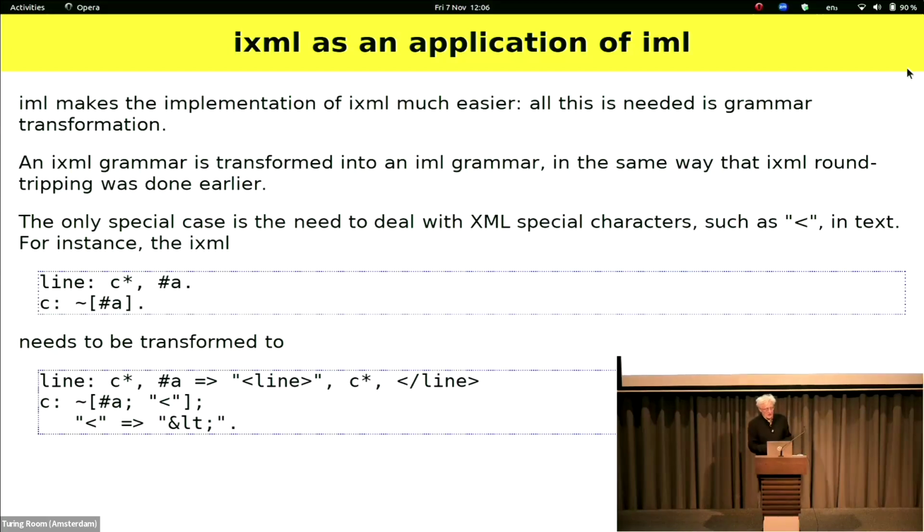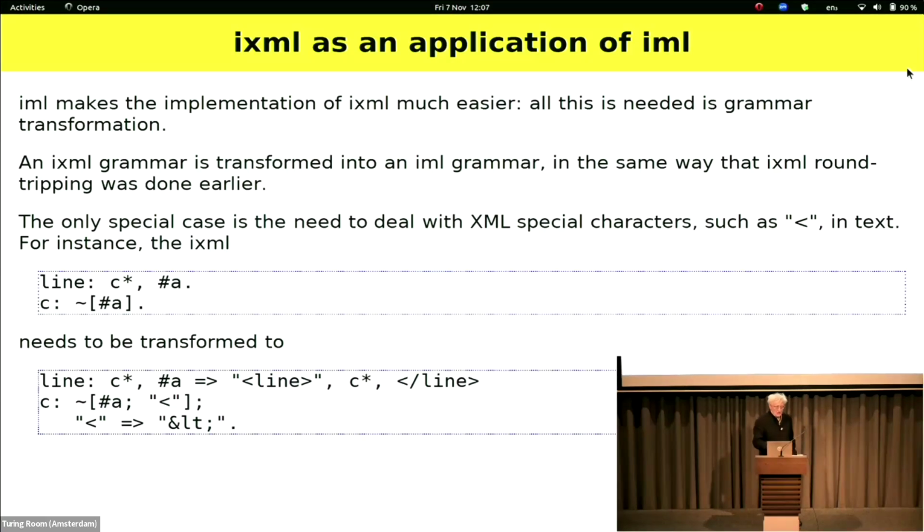So, for instance, if you've got a grammar that said a line is just some number of characters followed by a new line, then we need to transform that into a line tag, then those characters, and then the slash line, which ought to have quotes around it.